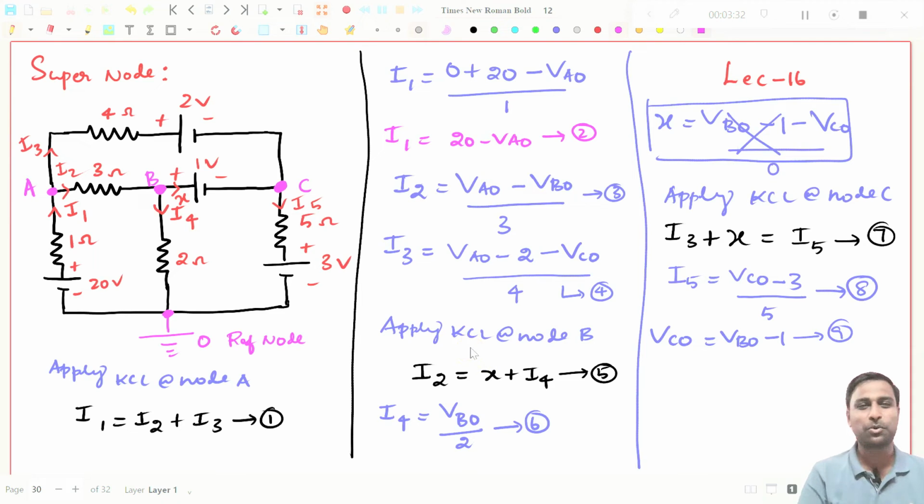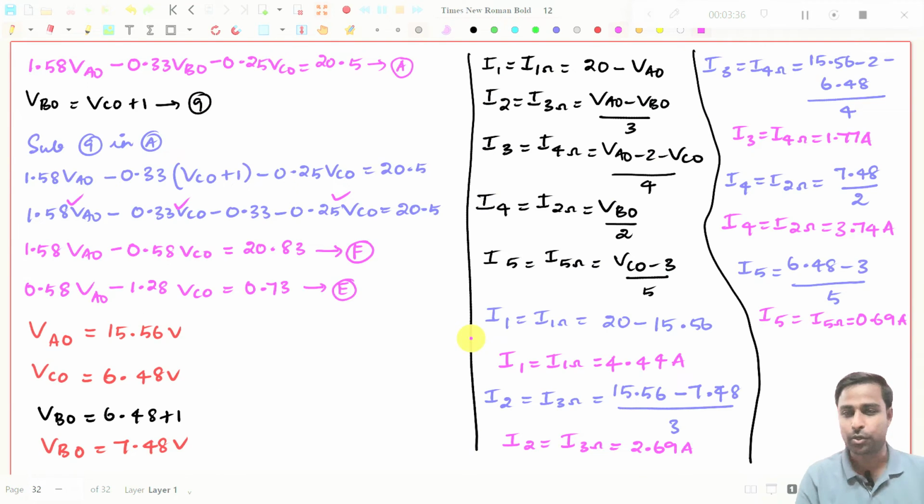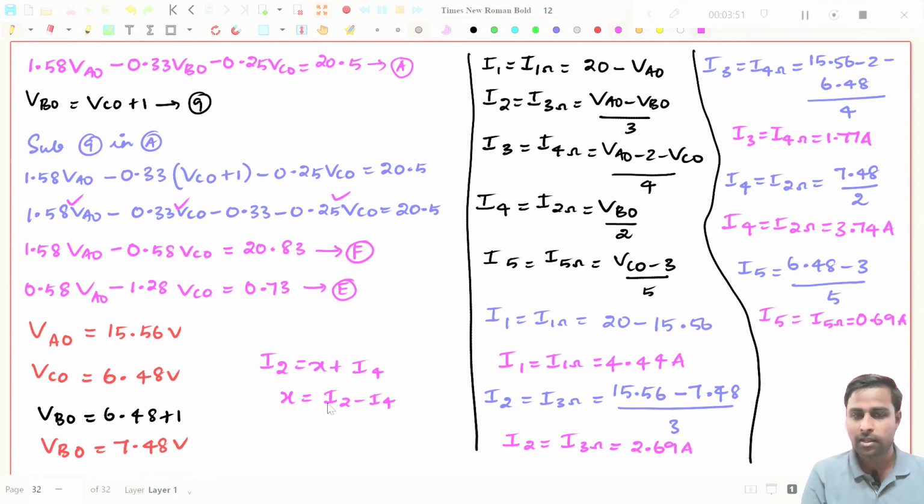I2 is equal to X plus I4, right? So X will be I2 minus I4.